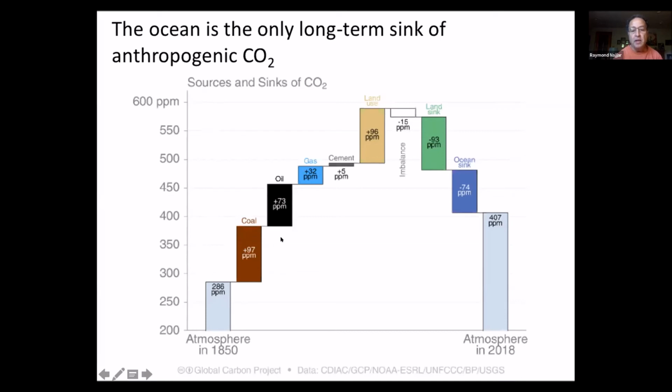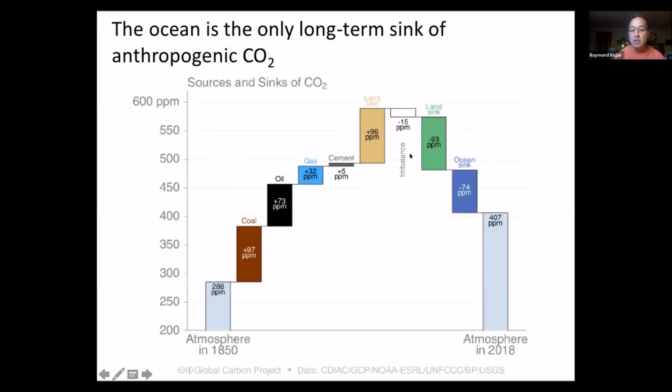Coal burning and oil burning and gas burning, all fossil fuels, as well as some cement production, would have caused, through 2018, atmospheric CO2 to go up to almost 500 parts per million. Land use, mostly deforestation, would have caused it to go even further, up to almost 600 parts per million. Of course, we're at a little above 400 parts per million now.